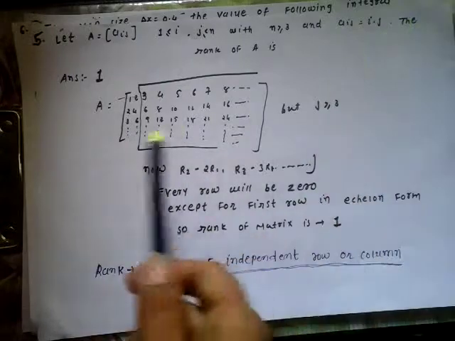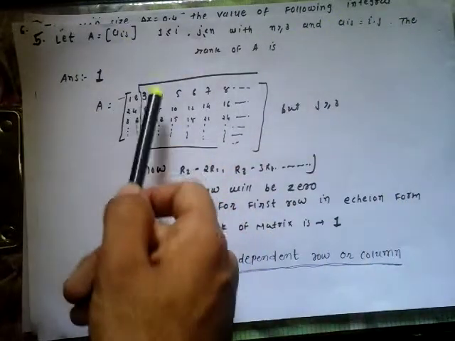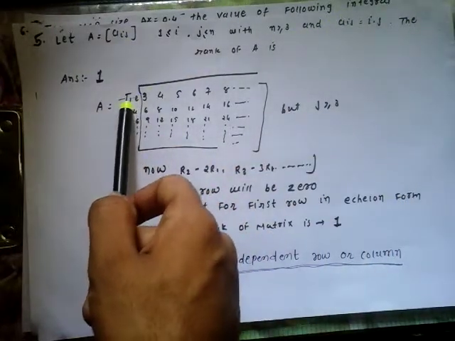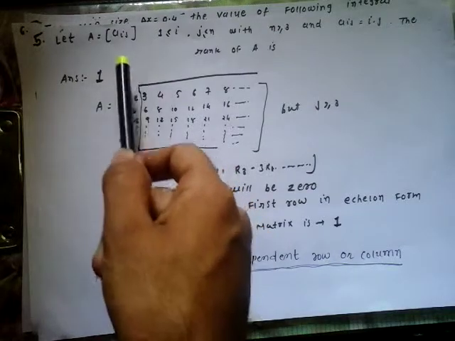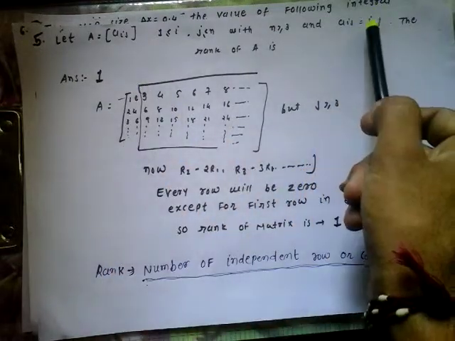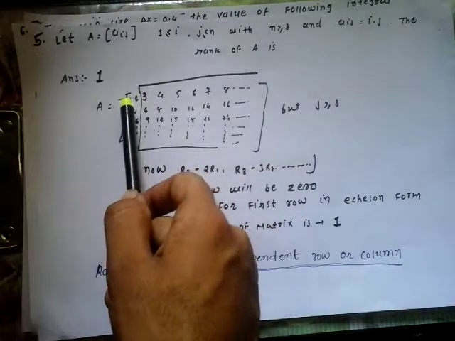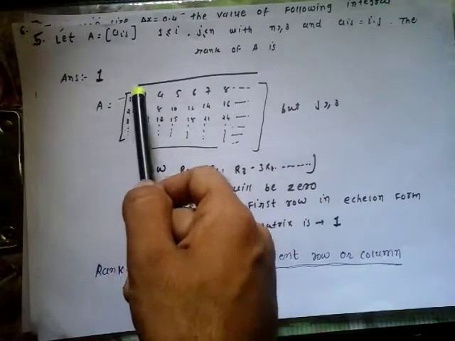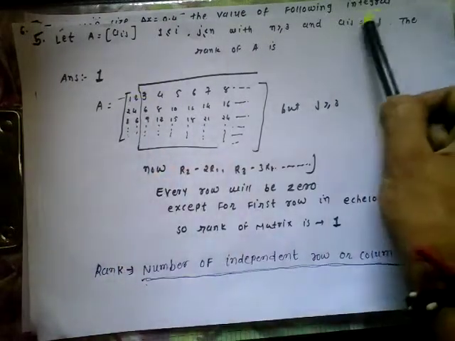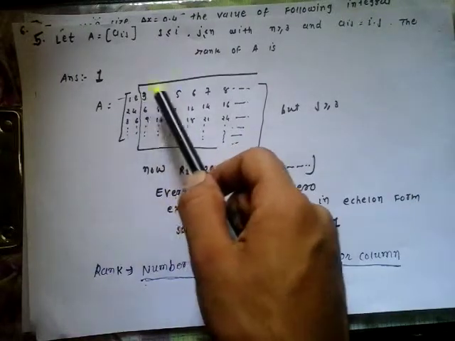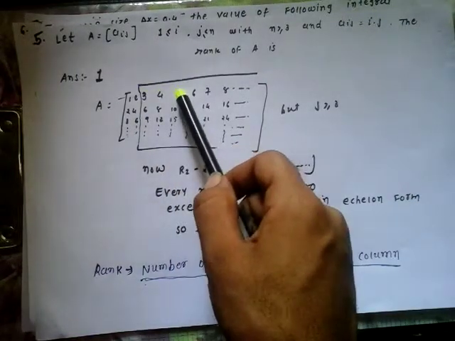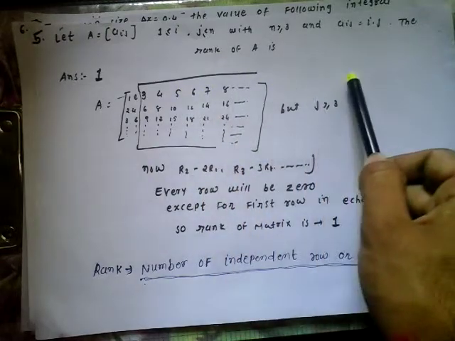Now we know that a11 is 1 into 1, which is equal to 1. For the first row, first column, 1 into 1. For the first row, second column, 1 into 2, then 1 into 3, 1 into 4, 1 into 5, 1 into 6, got it, up to infinite.